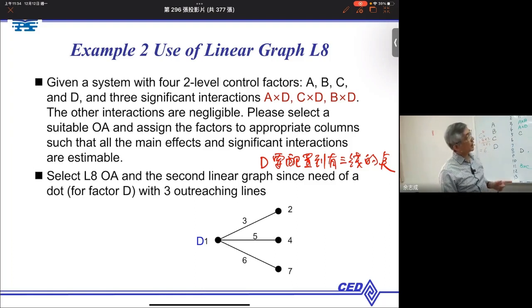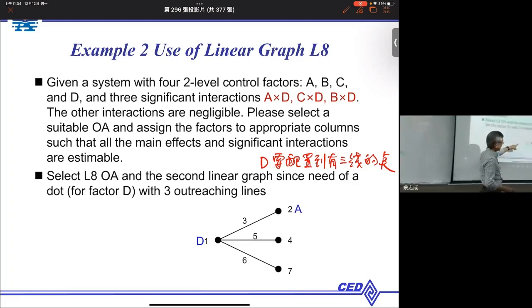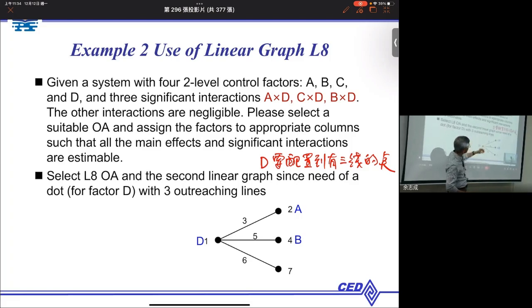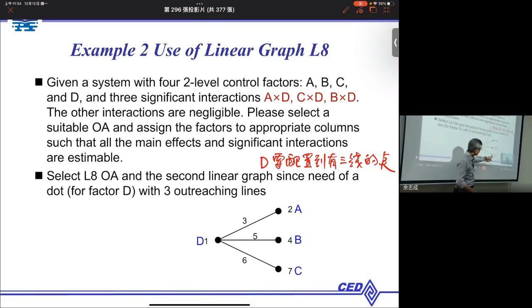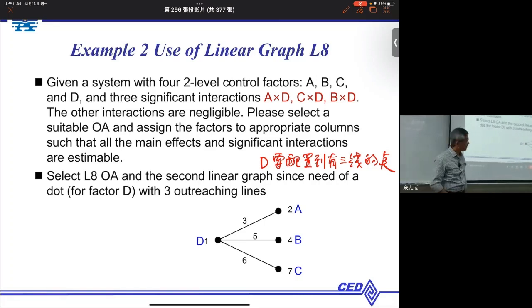They are factors A, C, D. Let's assign factor A first. We put it in column 2 because column 2 will connect it to factor D, so we make sure the interaction AD can be estimated. Same thing, the next one is B. We put it in column 4. Same thing, C, put it in column 7.